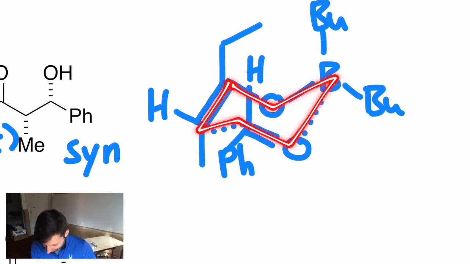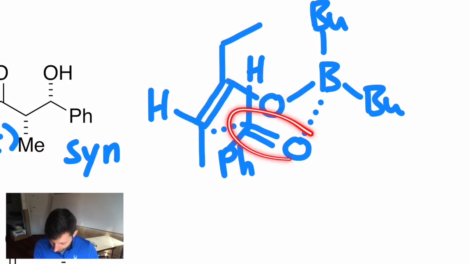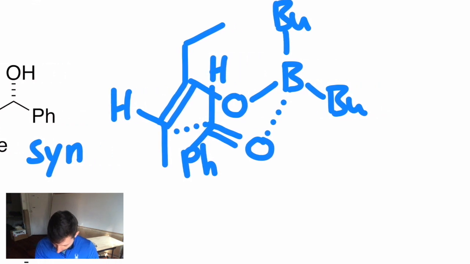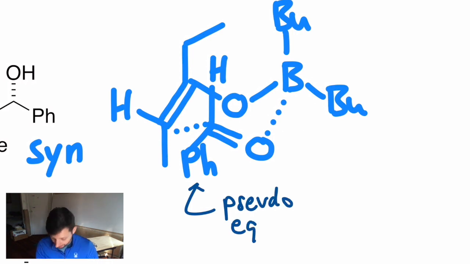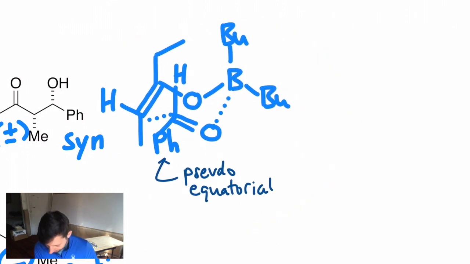There's the enolate right there, and there's the aldehyde. And it's no coincidence that I am positioning this phenyl in a pseudo equatorial position with respect to that chair. So let's draw the product that we get from this after the reaction occurs.